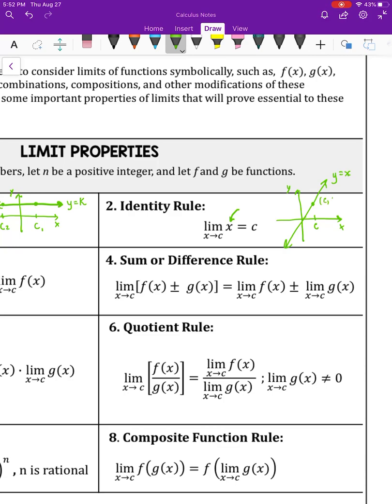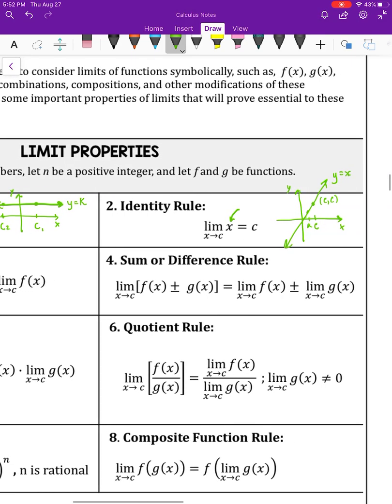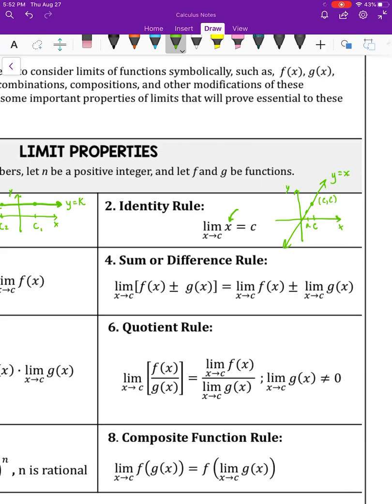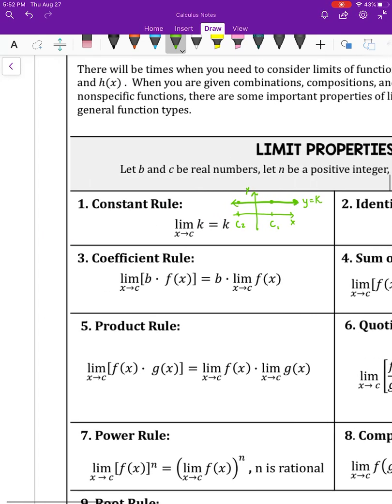So this is going to be the point c comma c, right? And so if this was the limit as x goes to a, this is going to be the point a comma a. So my answer is going to be a. So that's the identity rule, and it's because of that function y equals x.